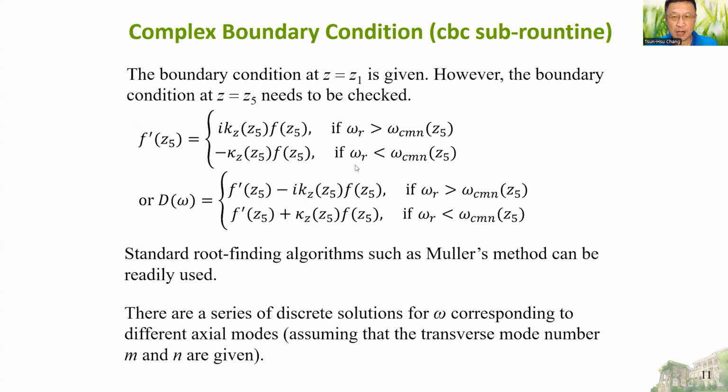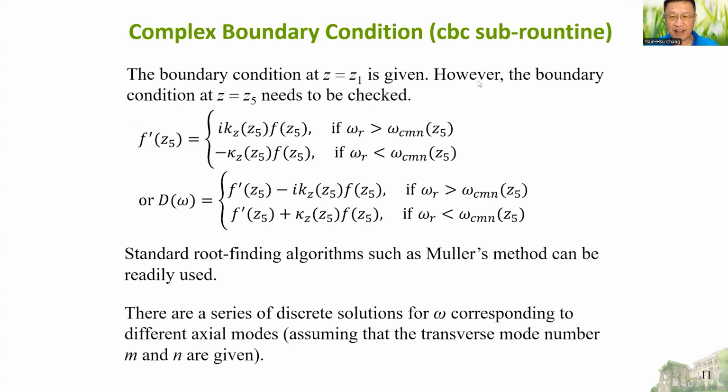So what is the boundary condition at the right-hand side? At the left-hand side, the boundary condition at z1 is given by the researcher, and a small value doesn't matter. The absolute value doesn't matter.